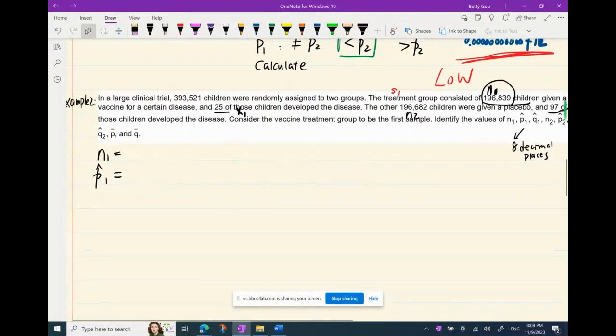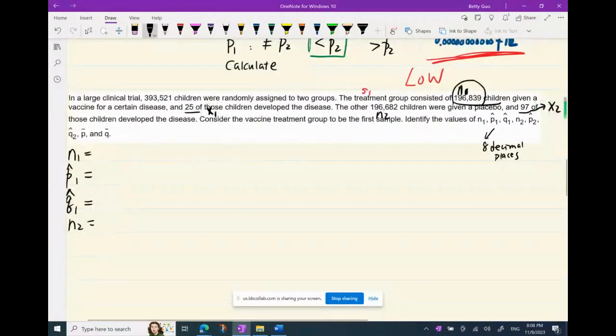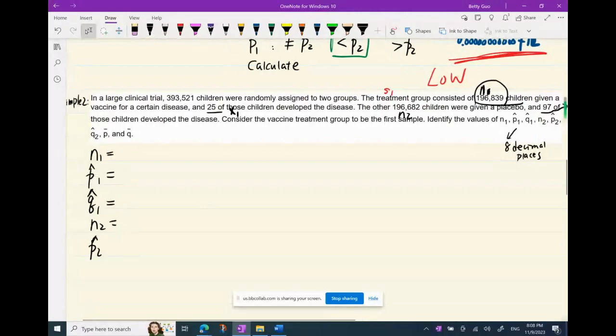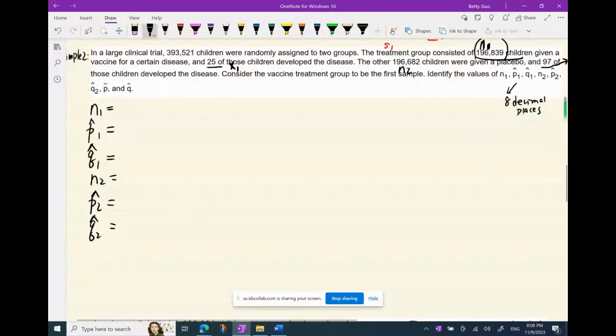I think P1 hat sounds better. Q1 hat, the complement of P1 hat. And then N sub 2, P2 hat, Q2 hat, P bar. You need to look at the formula.